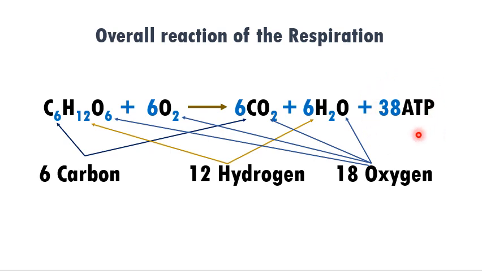And how to understand this further? First, we have to understand how the glucose gets broken down into 6 carbon dioxides. So let us understand that first.